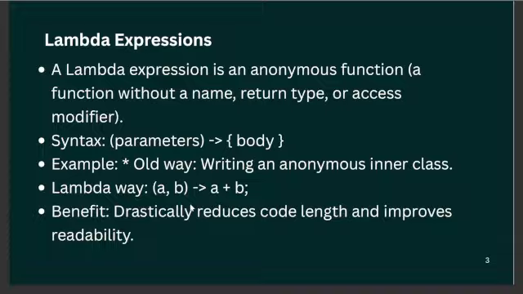Instead of writing long code, we can simply write a, b, arrow, a plus b, which is the body of this task, since we want to perform addition. The benefit of using this is that it drastically reduces the code length and improves readability and speeds up development. So this is the lambda expression, which makes code shorter.